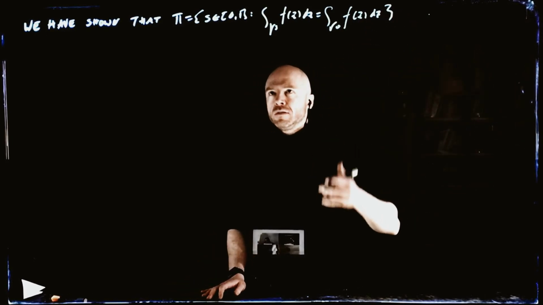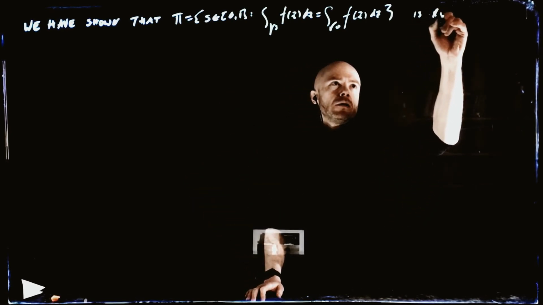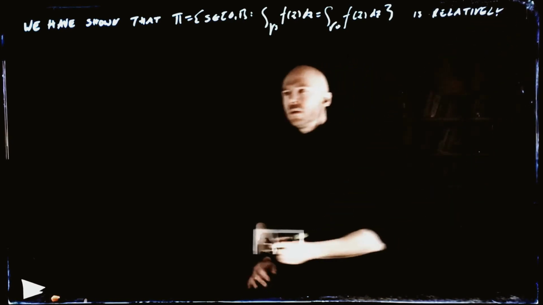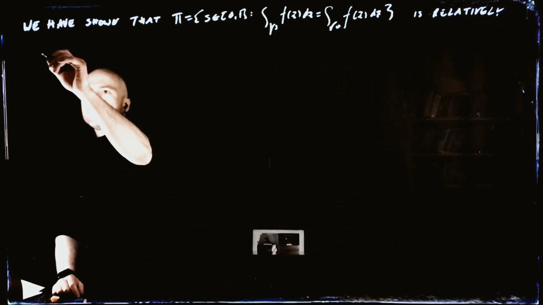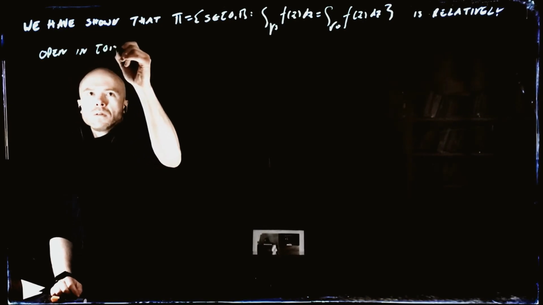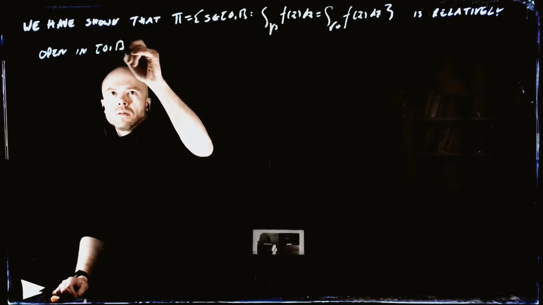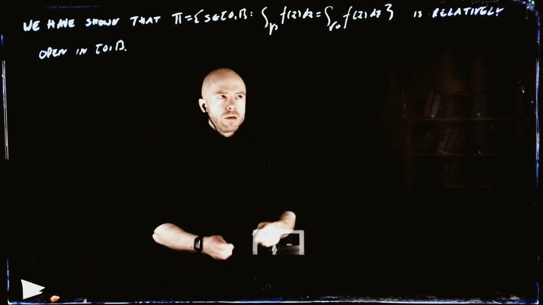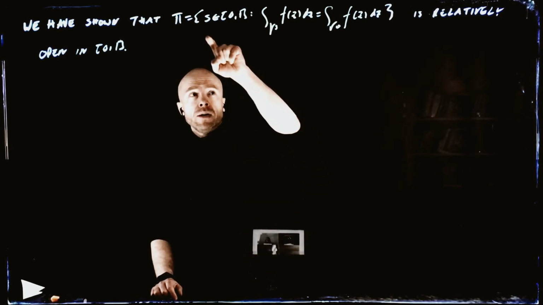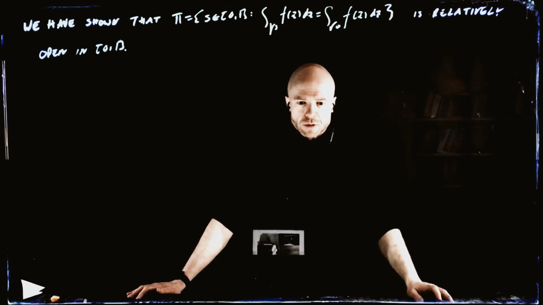I should say it's relatively open because it's open inside this compact set. So, okay, if we could show that actually 1 belongs to this set, then we're all fine, right? Because that's exactly the statement we're looking for.